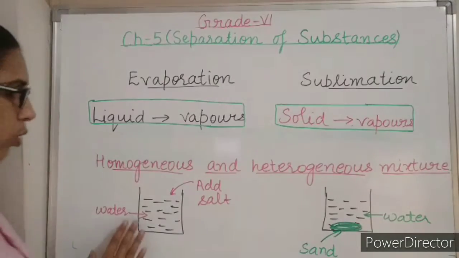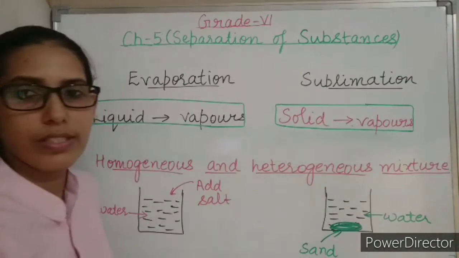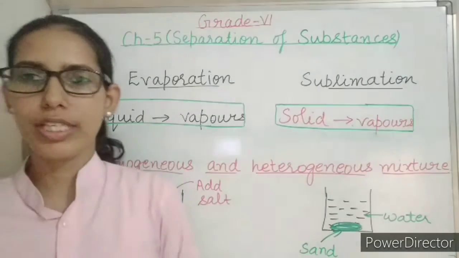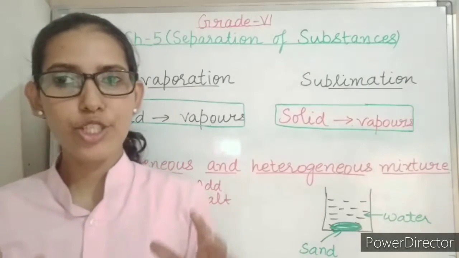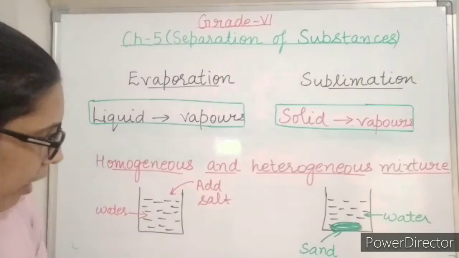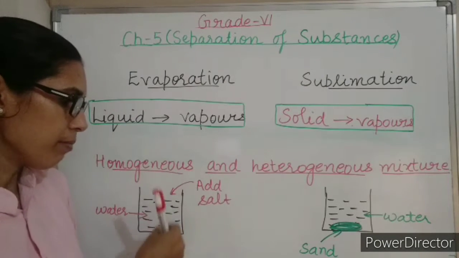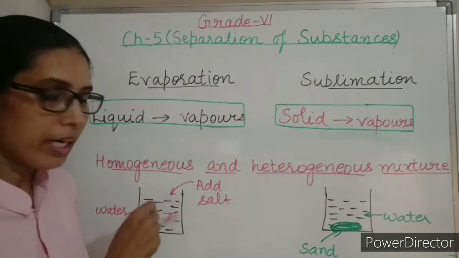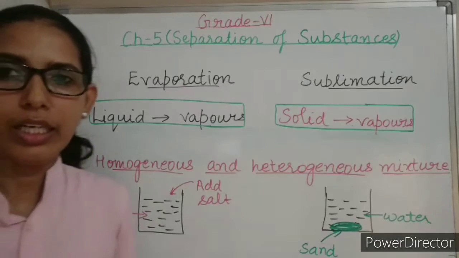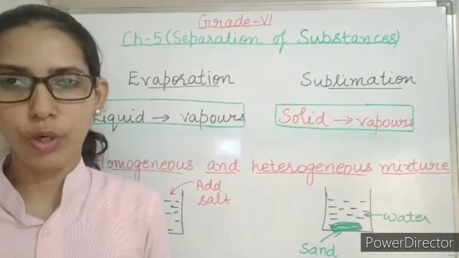Next, what is the difference between homogeneous and heterogeneous mixtures? In homogeneous mixtures, the composition is uniform throughout the mixture. For example, here in this beaker, I have taken water. Add some salt in this. Start mixing it well. You will notice that the salt gets dissolved completely in the water.